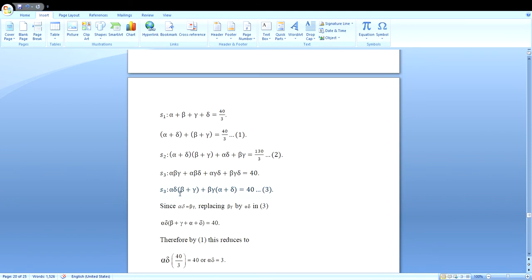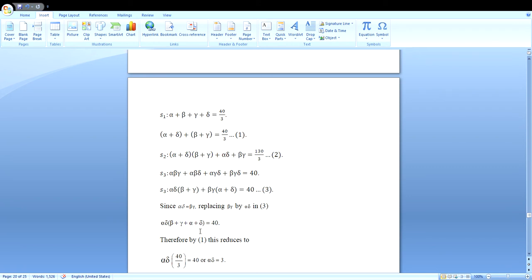Now S3 is taking 3 at a time, that is alpha beta gamma plus alpha beta delta plus alpha gamma delta plus beta gamma delta equal to 40. Or rearranging this, we can write alpha delta into beta plus gamma plus beta gamma into alpha plus delta equal to 40.